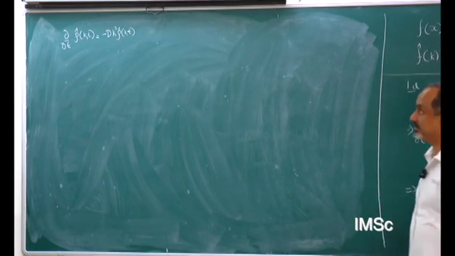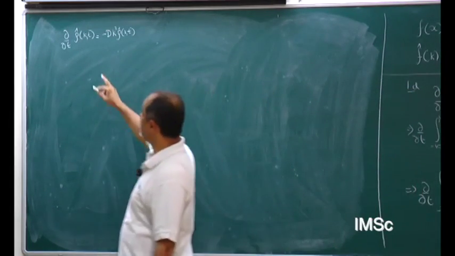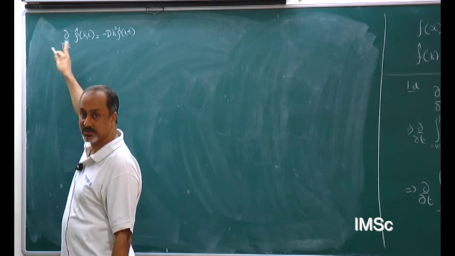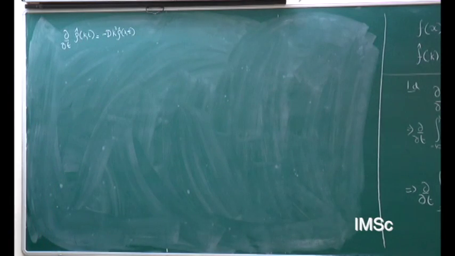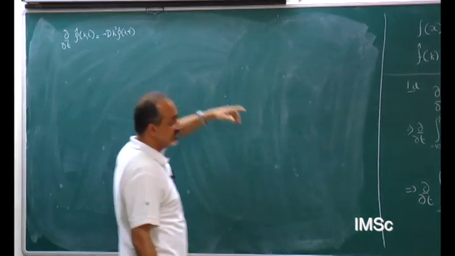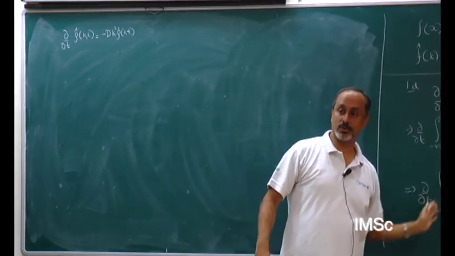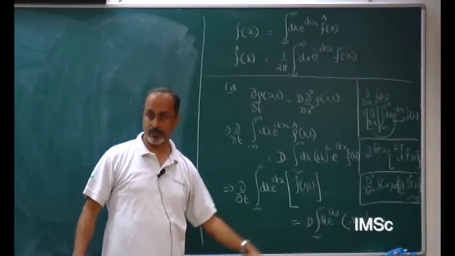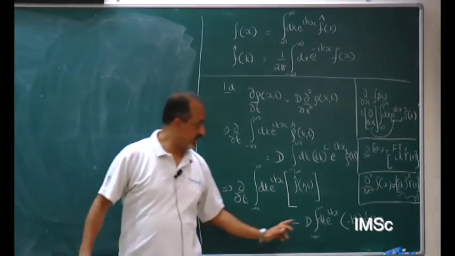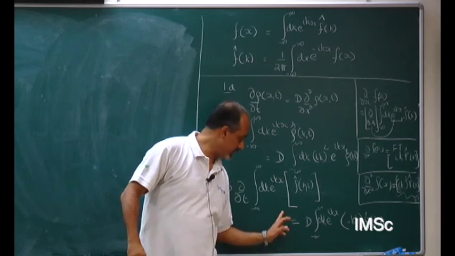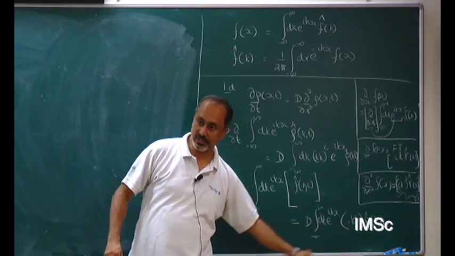And in order to solve this equation, I have to know what rho hat is at time t equal to 0, because this is a first order equation in time. Okay? This is really all that is different between this and this: I take the Fourier transform on both sides. Therefore, the quantity inside on the left must be related to the quantity on the right.